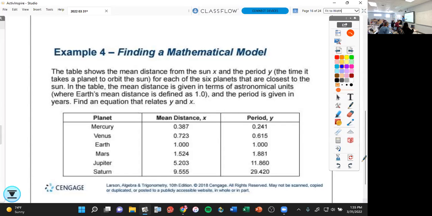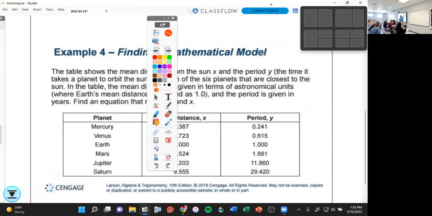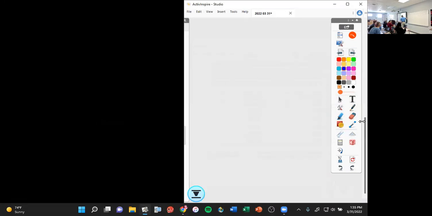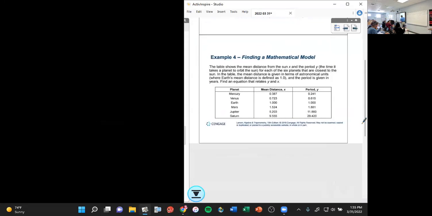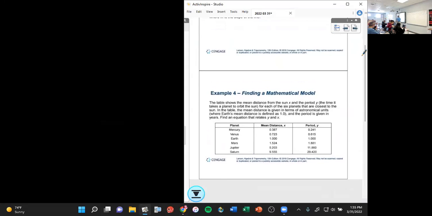So let's start off and take a look at what that data looks like in our calculators. So put the mean distance values, those are your x's, put those into L1 and put the period into L2.